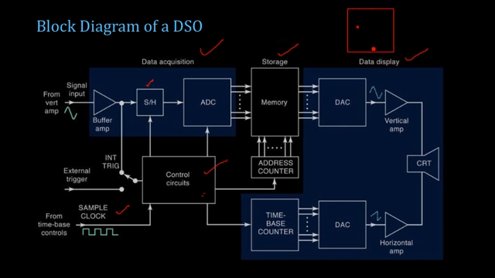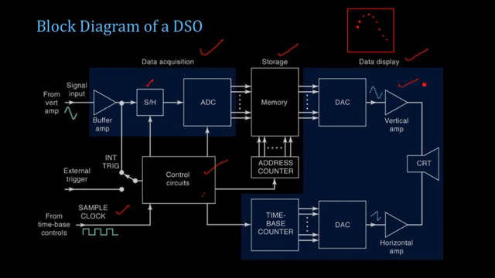Once you get the first dot, the time-base circuit will move to the next step, and your DSA will also acquire the next data so that your next dot will be acquired. In that way you will have a number of dots created, and the time-base circuit will be updated, so you will get a number of data points displayed on the CRT screen.